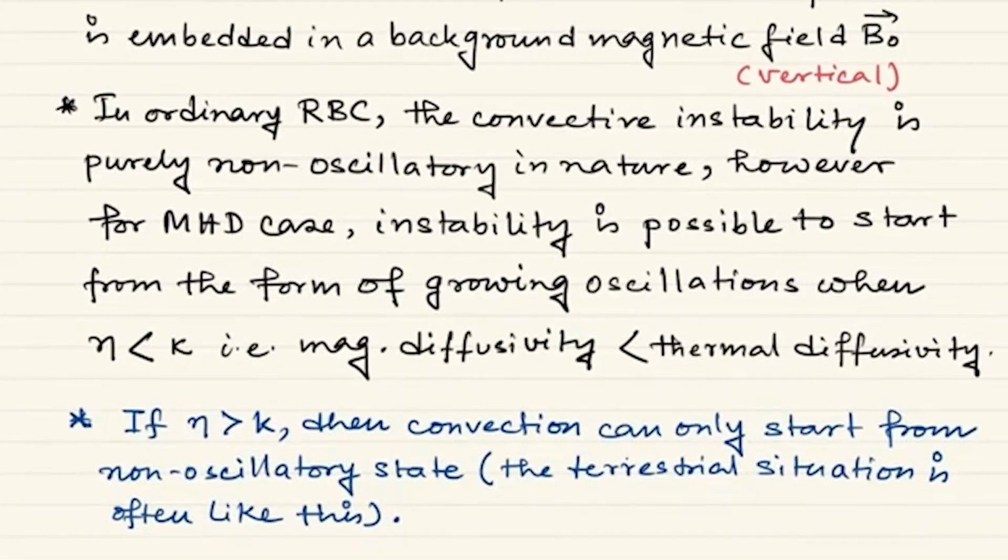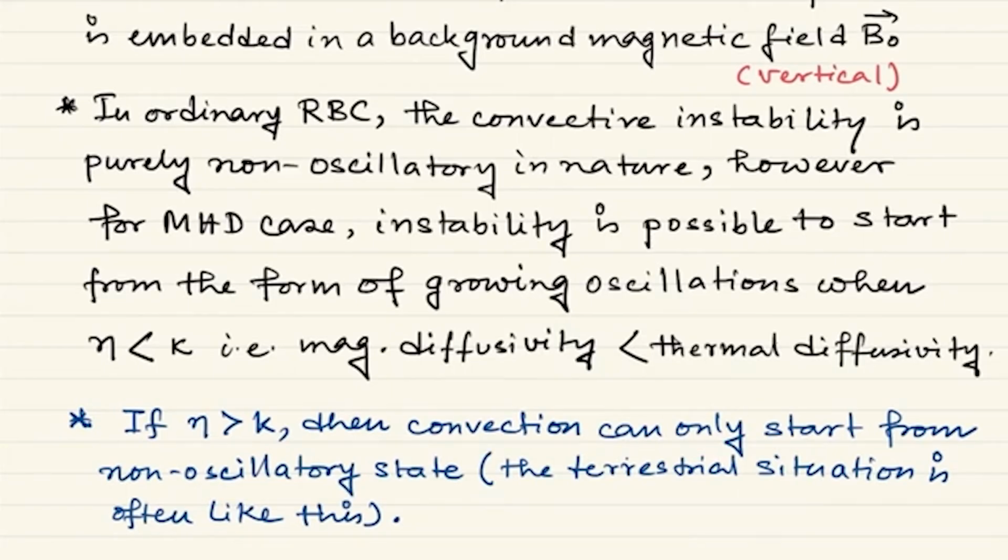instability. But in the case where eta is greater than kappa, that means the magnetic diffusivity now overcomes the thermal diffusivity, then the convection can only start from a non-oscillatory state, and that's exactly similar to the case of hydrodynamic Rayleigh-Bénard convection.